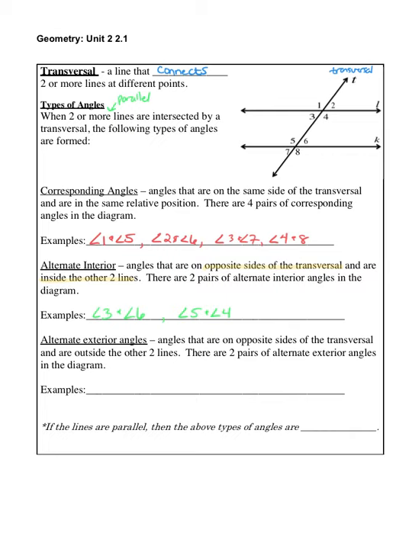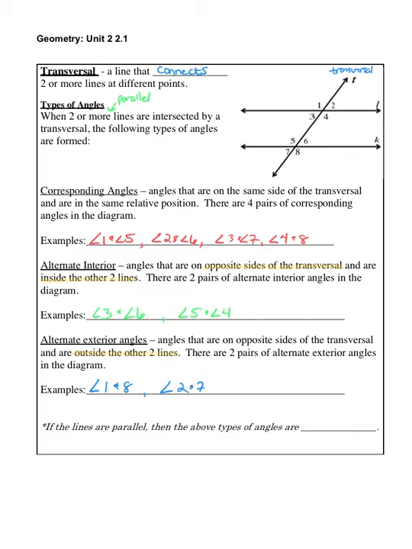Okay, let's look at alternate exterior angles. Key phrase there: opposite sides of the transversal and outside the other 2 lines. That would be angles 1 and 8 and angles 2 and 7. 2 and 7 are on opposite sides of line T, and they are outside the parallel lines.